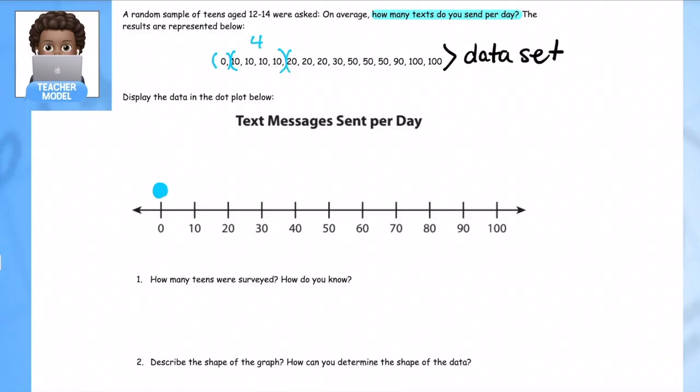I like things organized. So I can see 3 people said 20, 1 person said 30, 3 people said 50, 1 said 90, and 2 said 100. The reason I like this is because imagine my brain going, oh, 10, 10, oh, 10, 10, and looking one at a time, versus I see 4 people said 10.